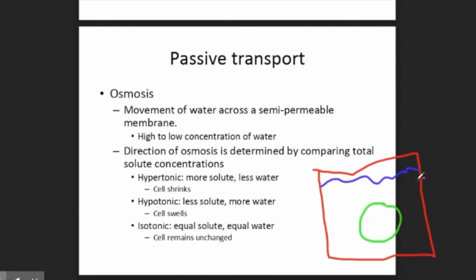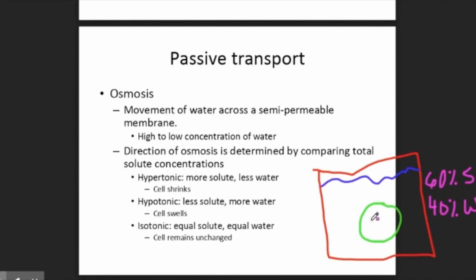So my solution here, the area outside of my cell, let's say that has 60% solute. And if I have 60% of solute, that means I have to have 40% water. Because remember, the solute and the solvent together have to equal 100. 60 and 40 give me 100.